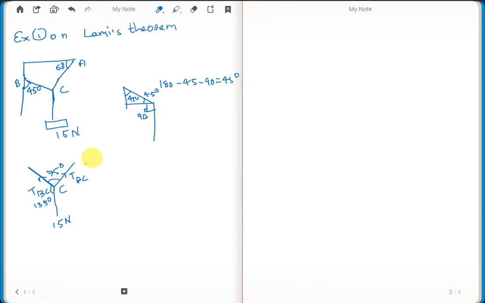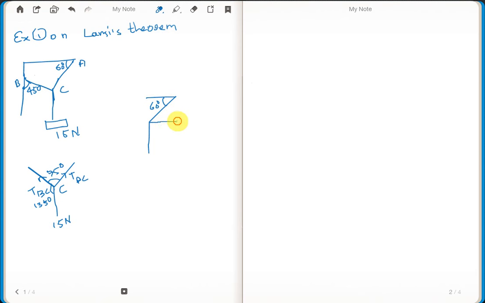Similarly, we need to find the angle of inclination between AC and the 50 newtons load string. For that also we go for a separate representation for analyzing. Again draw the AC string and the 50 newtons string. This AC string is already making an angle of 60 degrees with the roof.